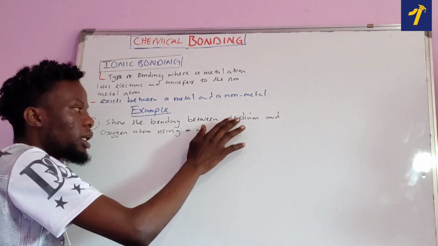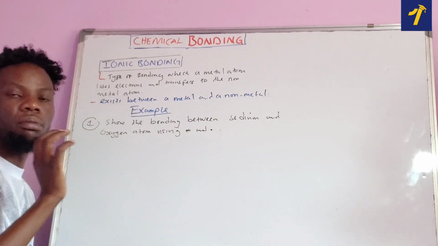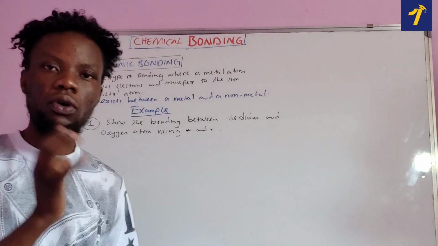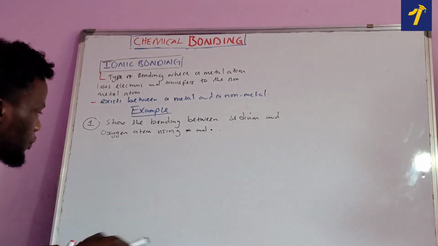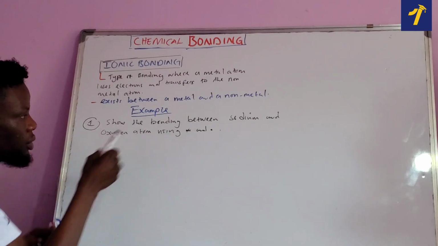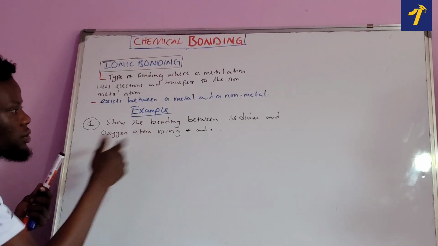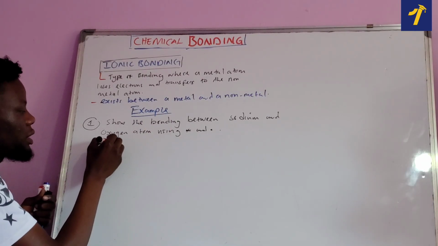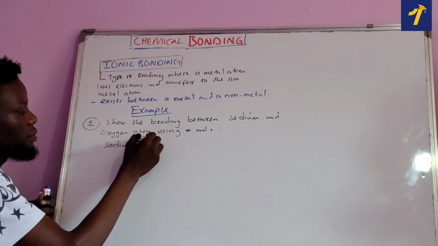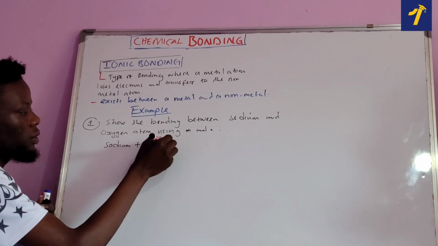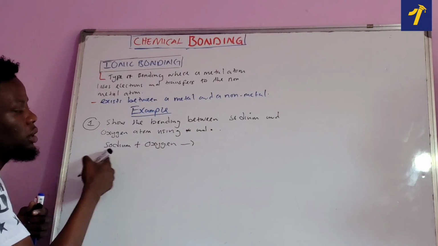We need to make sure that you form the chemical formula for sodium and oxygen. Remember what I said, bonding is more like you're getting sodium, you are reacting with what? Oxygen. Okay, because this is what we call bonding.